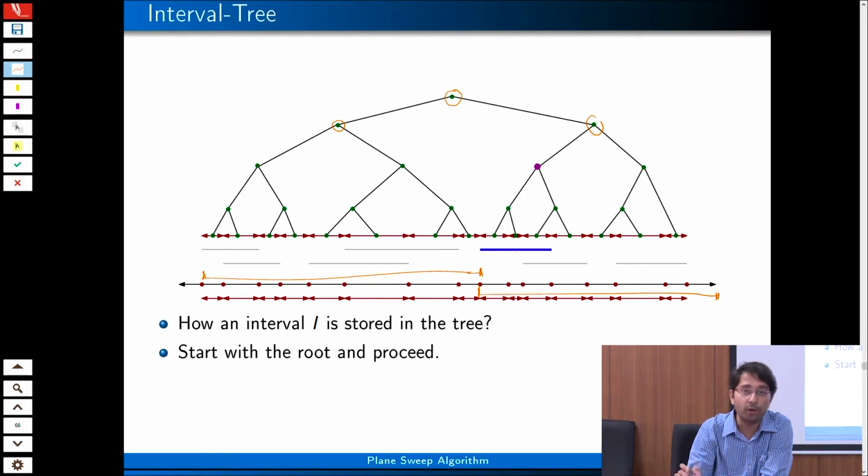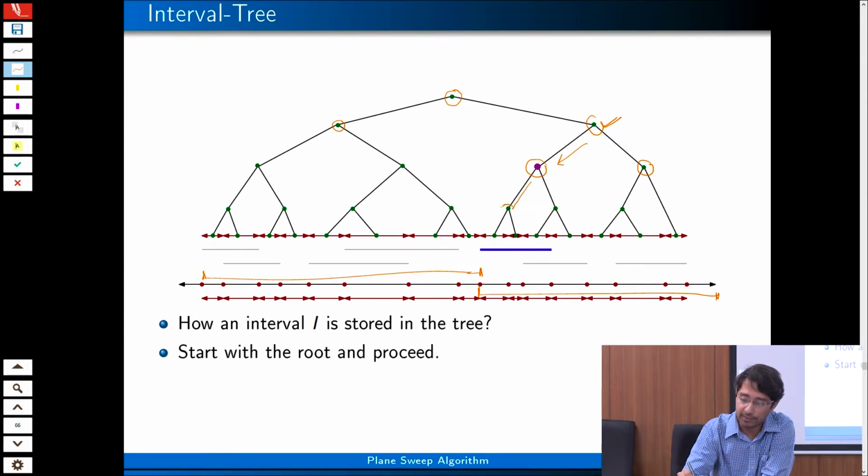This interval does not participate in both sides, it only participates in the right-hand side. We move right. Next, at this vertex I check whether this interval participates in both sides. No. We move to the left. Now here we check whether the interval participates in both sides. Yes, we will go in both directions.